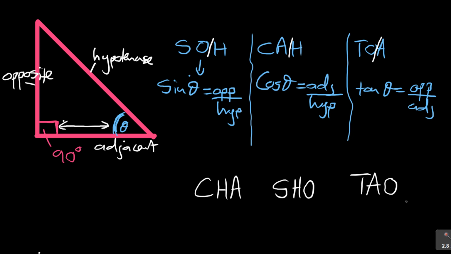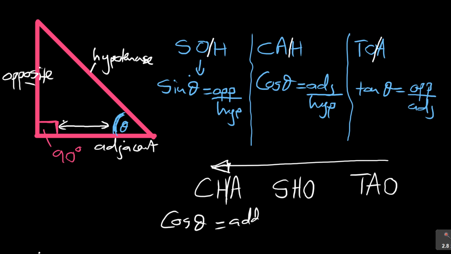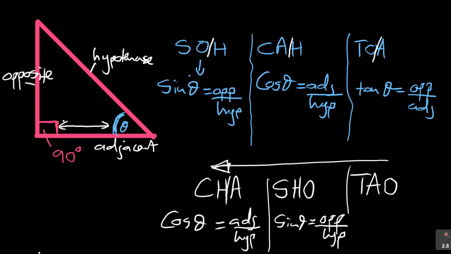Some use a different word, and you read it in this direction. It says cos theta is equal to adjacent over hypotenuse, and then sine theta is equal to opposite over hypotenuse, and tan theta is equal to opposite over adjacent.